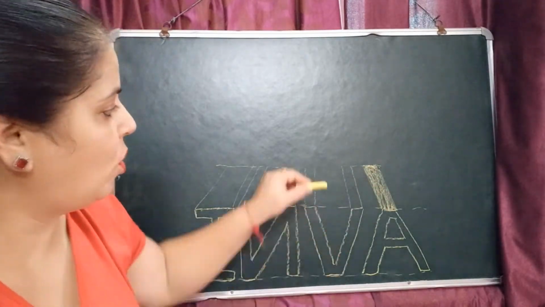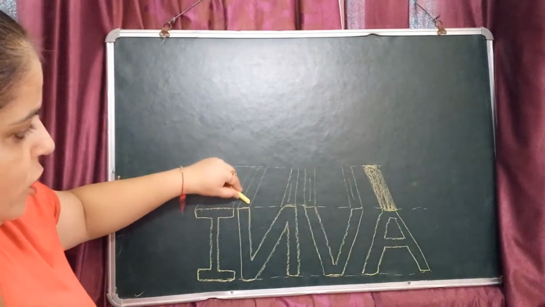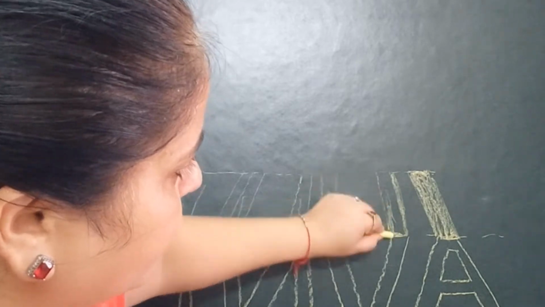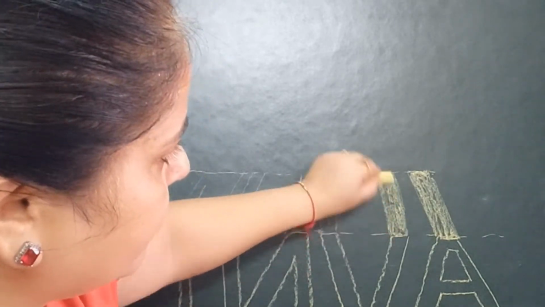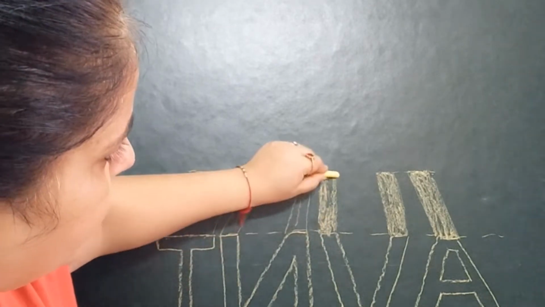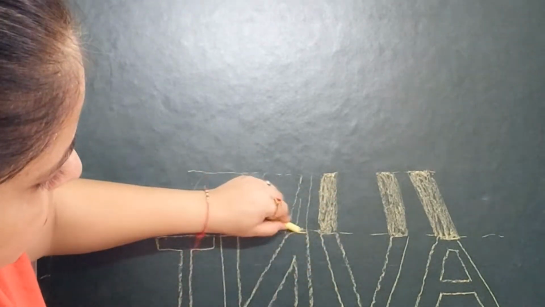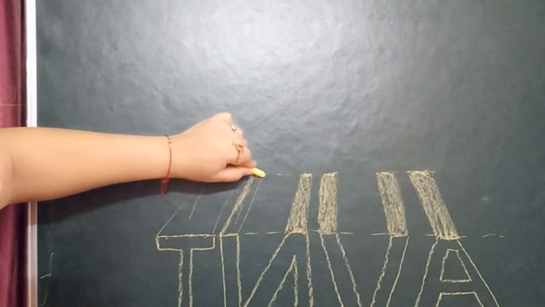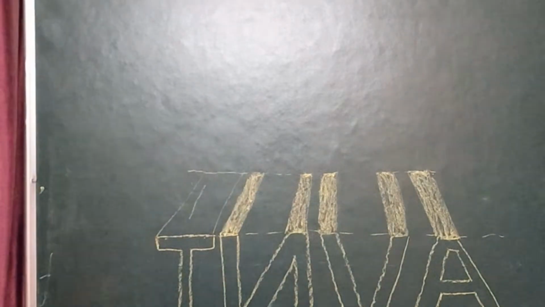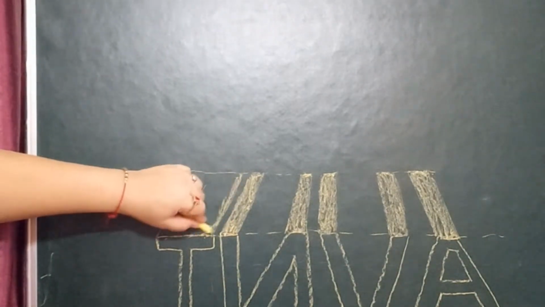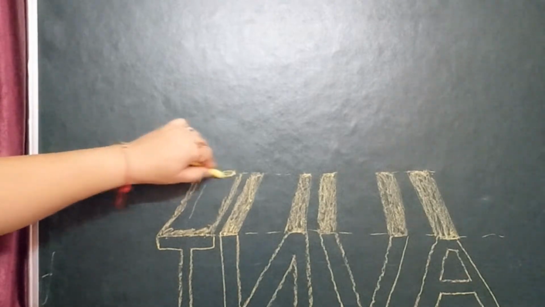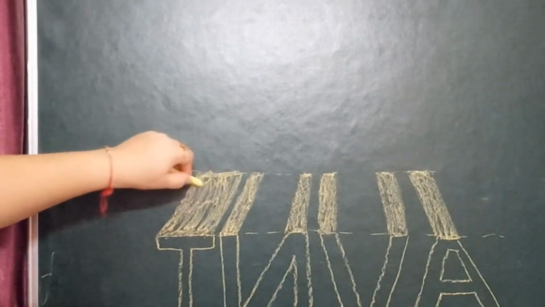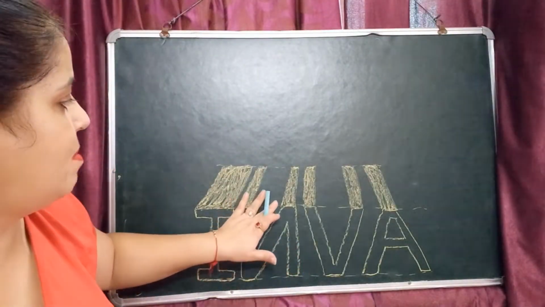Similarly, I'll create all the areas, the shadow of V, shadow of N and shadow of I, with the dark. So when you have done this, you need to erase the margin lines.